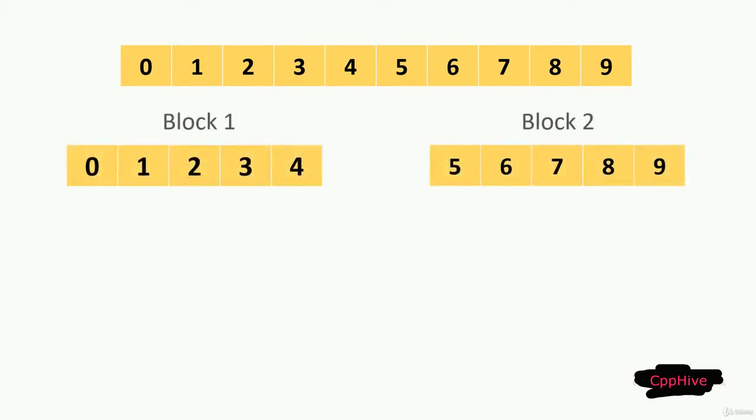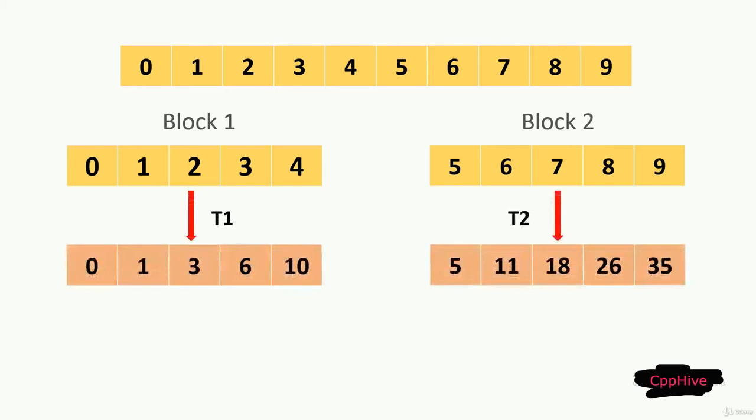Now if we perform a scan operation on each of these blocks separately in different threads, the outcome from each thread would look like this. Notice the output from the second thread. Even though the calculated values are correct, considering the second block, we have to add the summation of the first block's elements to each value in the second block to get the final output.